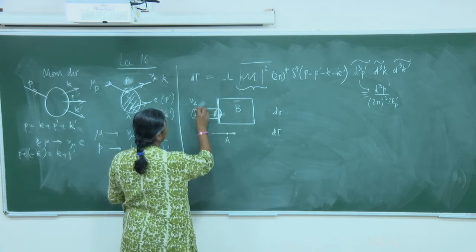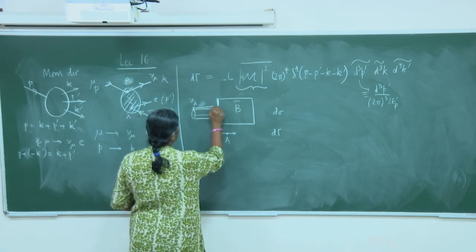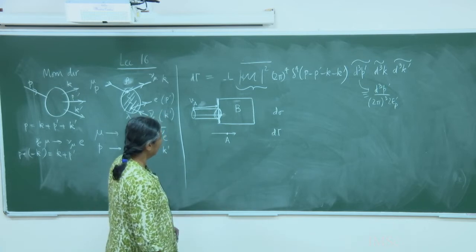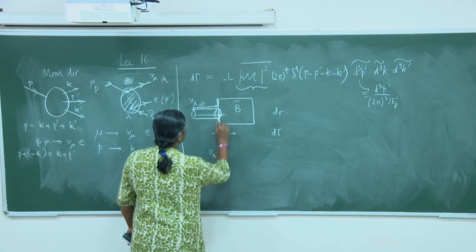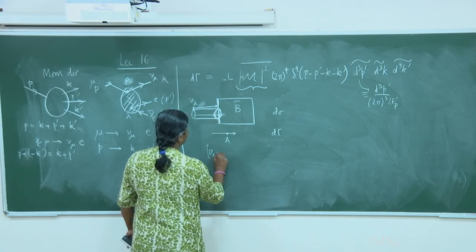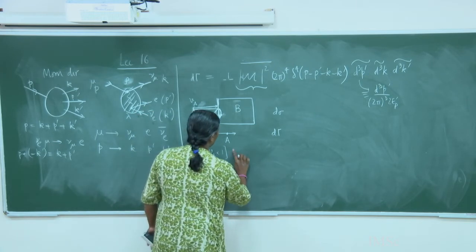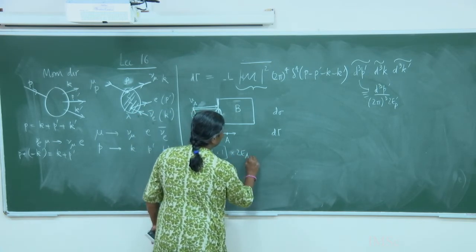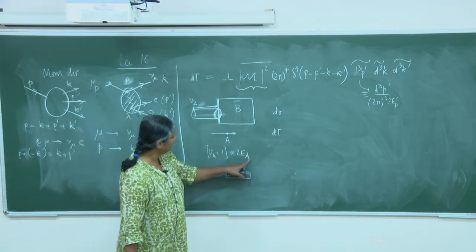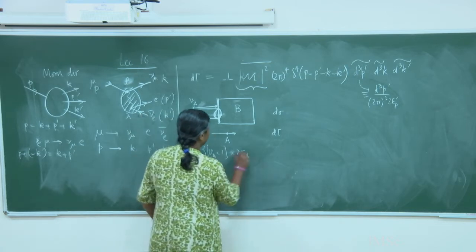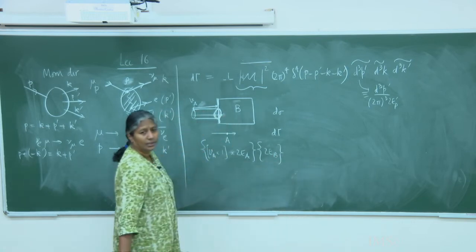So in 1 second, because the velocity is V A, the distance travelled in unit time is V A. So V A length of this beam will interact with the target particles B, and we took unit cross section. So the volume here is V A into 1, but we have actually taken 2 E A as the number of particles per unit volume. So in a volume V A, there are 2 E A V A particles, and for B there are just 2 E B particles, and that's how we converted that into a Lorentz invariant flux.